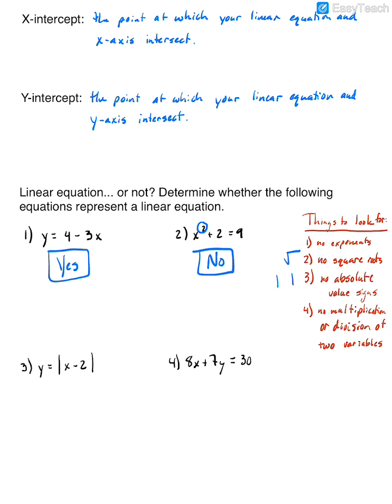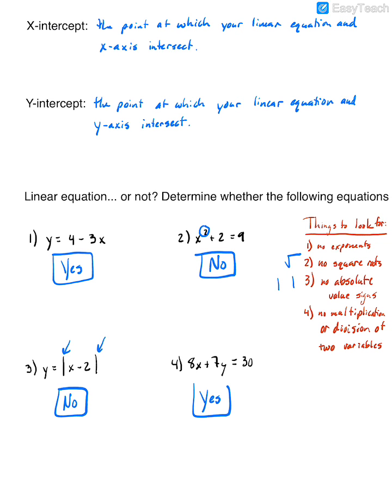Number 3, looking at that one, I see that there's an absolute value bar on either side of x minus 2, so that means this one's a no. For number 4, I don't see any exponents, no square roots, no absolute value signs, and no multiplication or division between x and y. You have x times 8, which is fine, and y times 7, which is fine, but not times each other. Okay, so this one would be a yes.